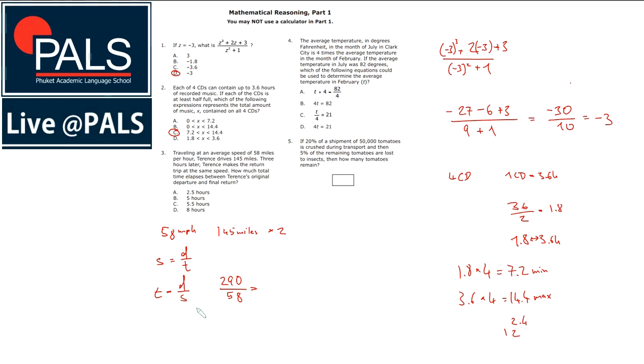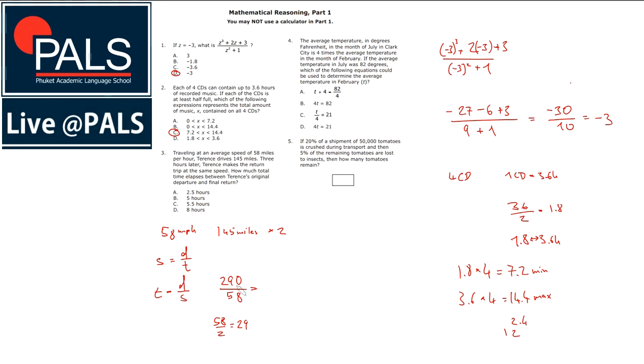This may look difficult, but think about this: half of 58 is 29, so 290 divided by 29 is 10.